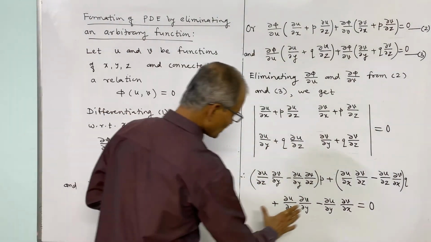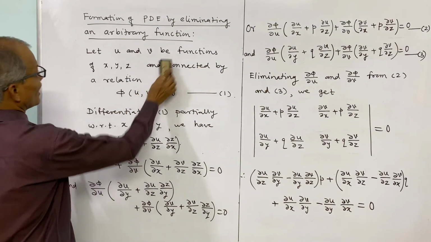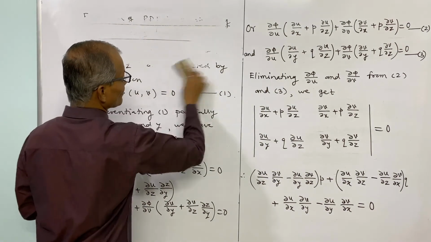Now we multiply throughout by a negative sign and shift the last term to the right side.